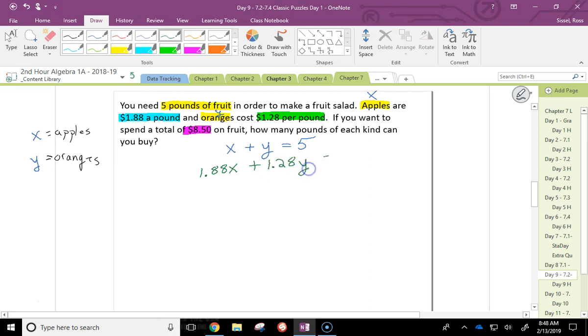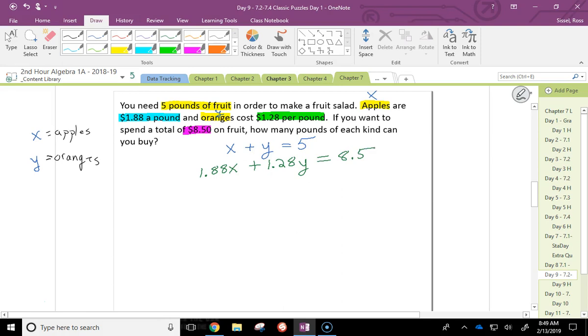And it has to equal, what does it have to equal? Sean? No, it doesn't have to equal 5. 8.50, good. Cost of apples, cost of oranges, total cost.